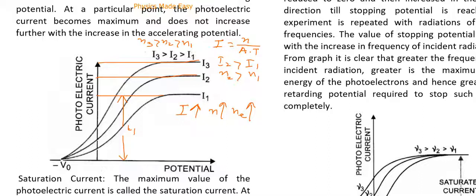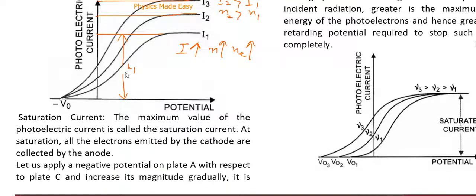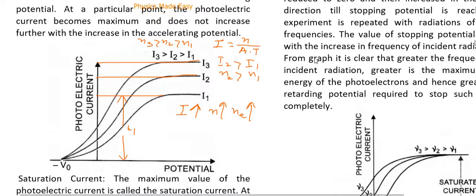The variation of saturation current with intensity is, I think, clear. Now, what is saturation current? This I1 is the saturation current corresponding to intensity capital I1. Similarly, I can write here I2 is the saturation current corresponding to intensity I2, and small I3 is the saturation current corresponding to intensity capital I3.